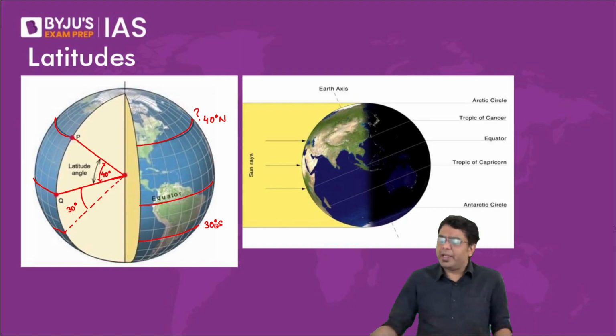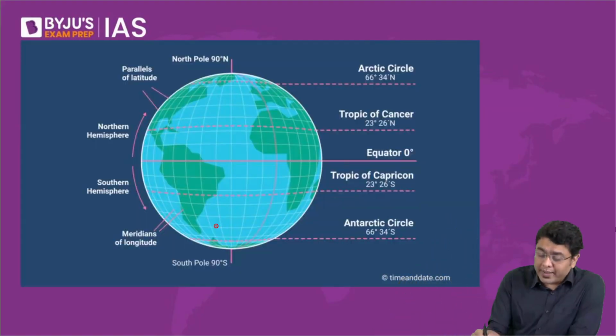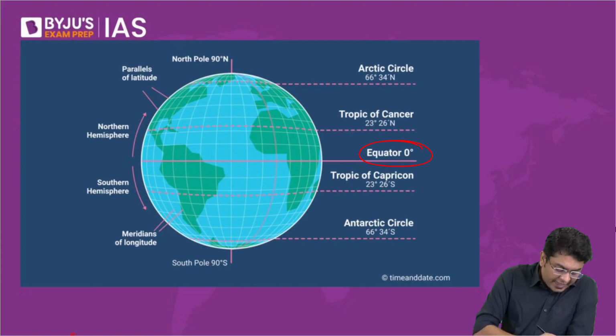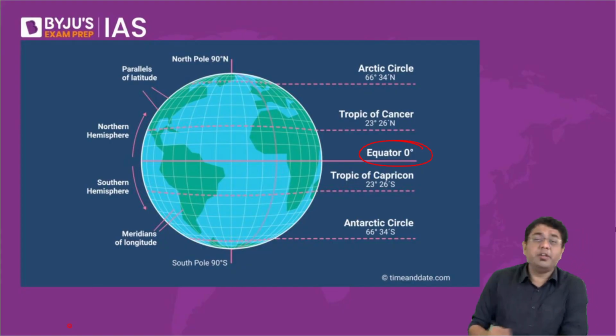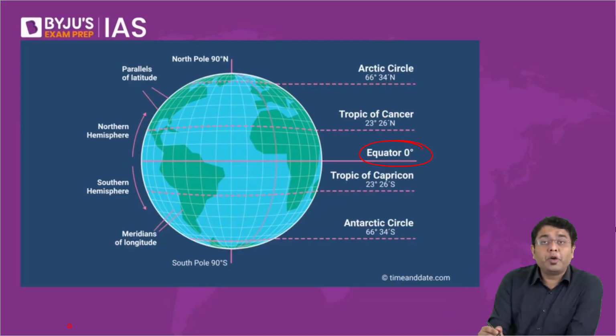You have certain important latitudes in general. The equator is the largest latitude in general. It will have the largest circle. Then you have the Tropic of Cancer, 23.5 degree north, the Tropic of Capricorn, 23.5 degree south, the Arctic Circle, 66.5 degree north, and the Antarctic Circle, 66.5 degree south.